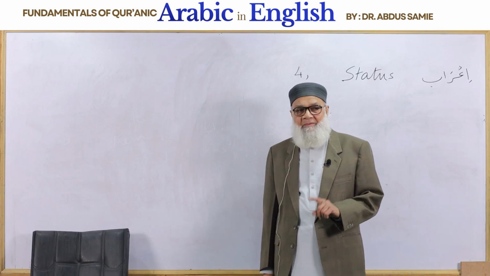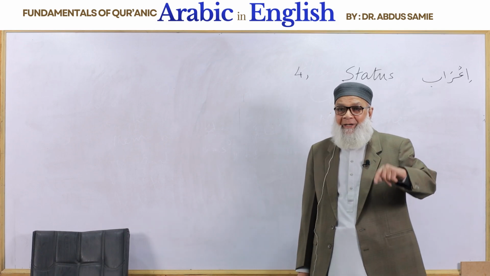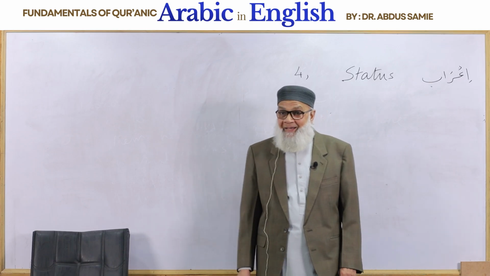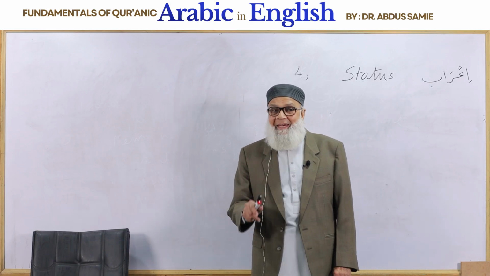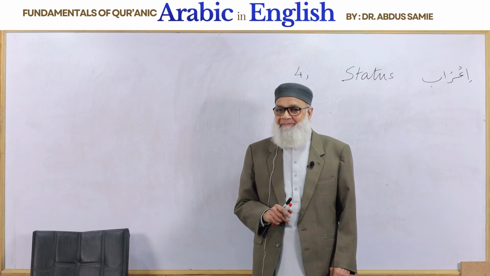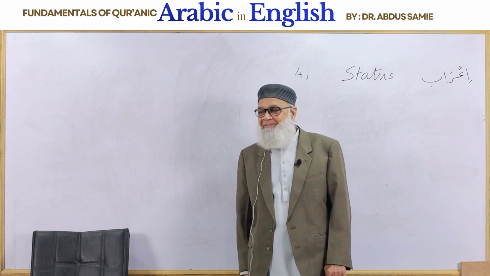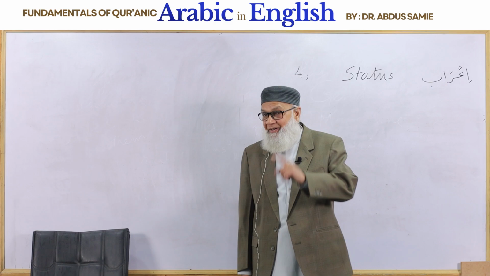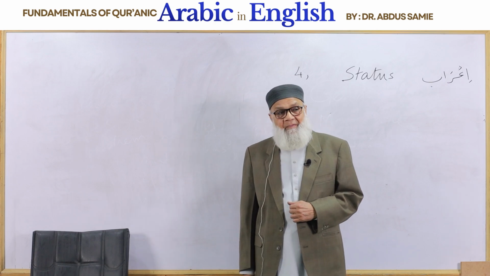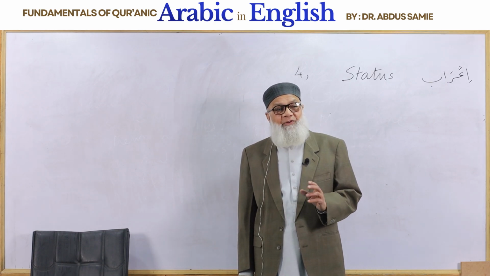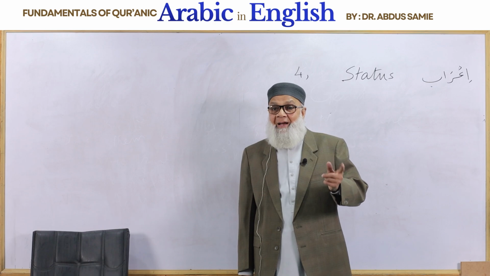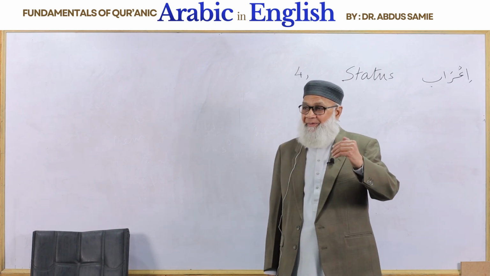I'rab of I is nominative. I'rab of me is objective. And i'rab of my is possessive. Remember, on the first day, I shared with you 3 sentences. I was coming to the Quran Academy.